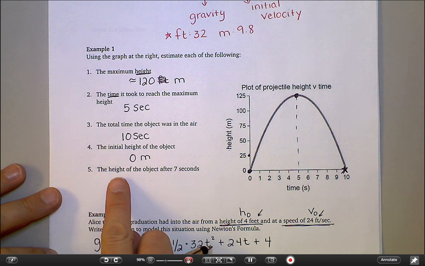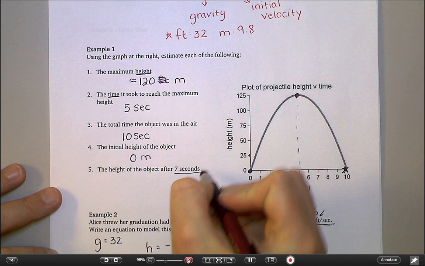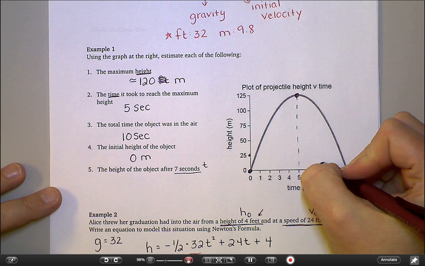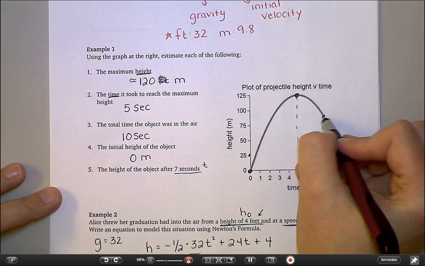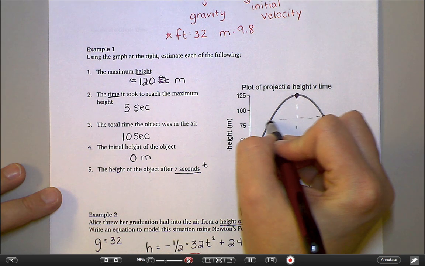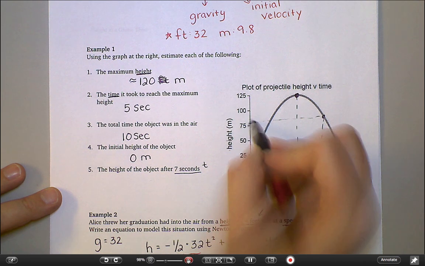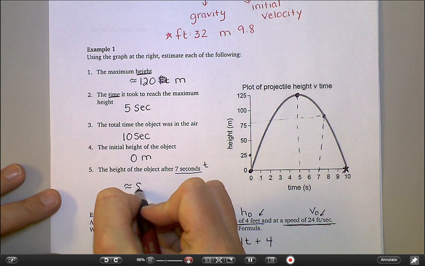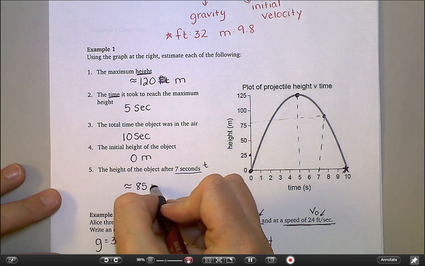And then the height of the object after 7 seconds, this is like my t value, right? So I'm going here to 7 seconds. I'm going to just read up to the graph and read straight across. Oh, I kind of went down there. I don't know. What do you want to call that? 80, 85, something like that. 85 meters.